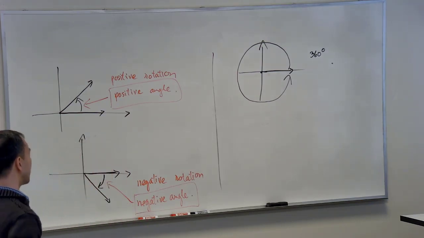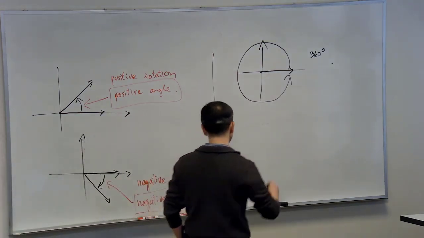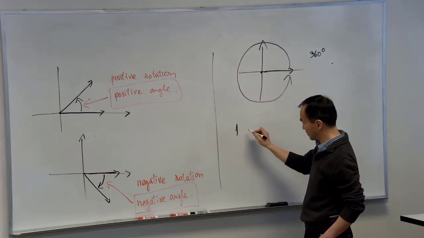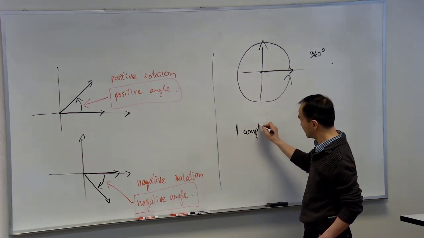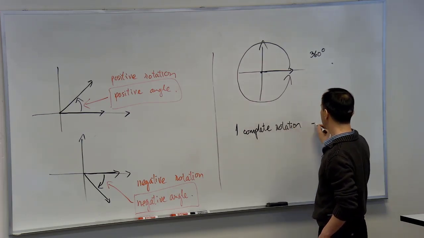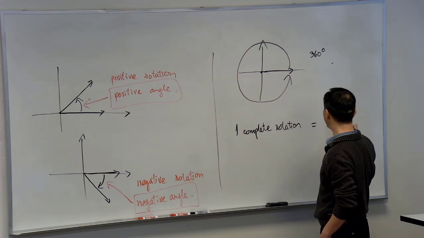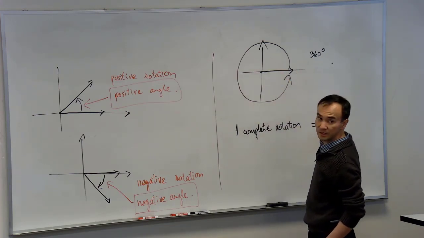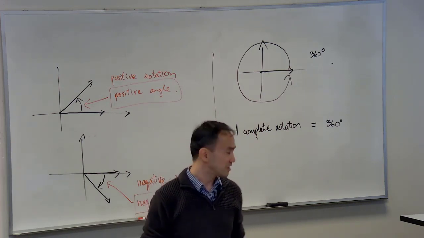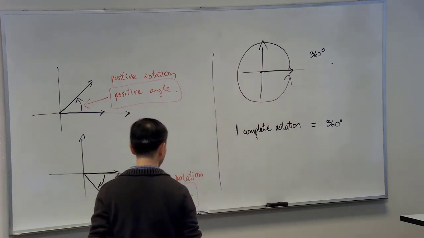So we use degrees. A little more precisely, we never formulated this until now: one complete rotation equals 360 degrees if you measure the rotation in degrees. And I'm talking about the absolute physical rotation right there.